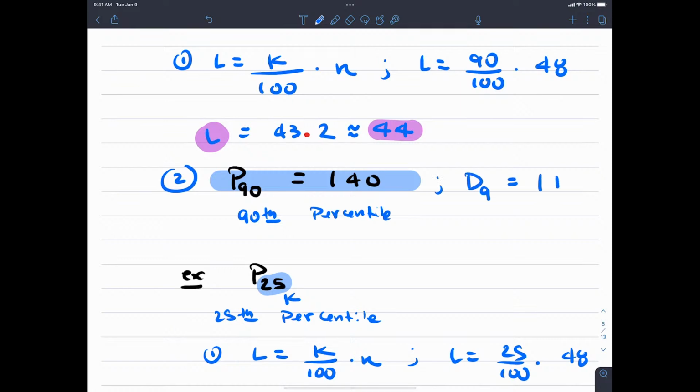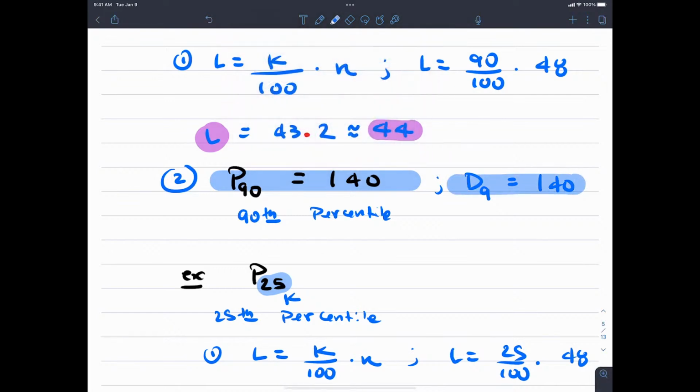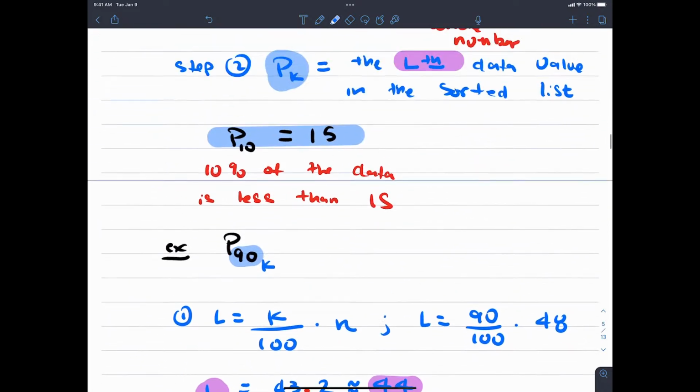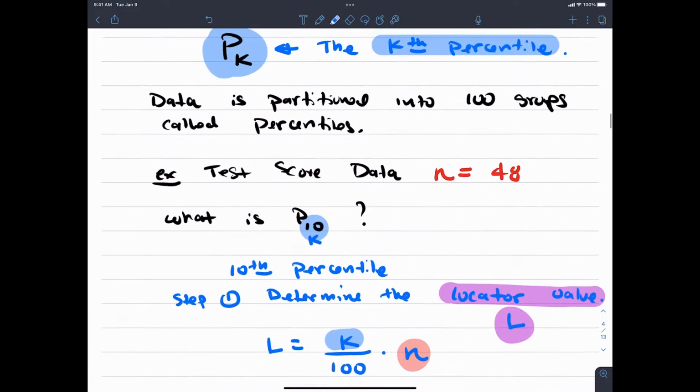D9 is what? 140. P10, what's this? D1 by definition is P10, so D1 is 15. So the first decile is 15 here. This is for the test score data.